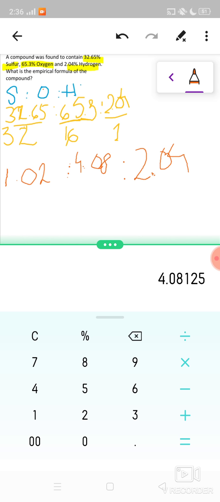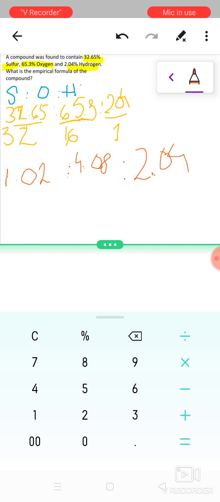Then we are going to see the smallest value from all. If you look at 1.02, 4.08 and 2.04, the smallest one is 1.02.